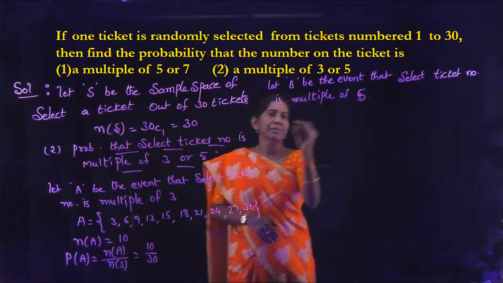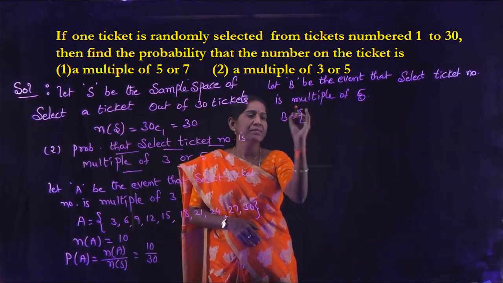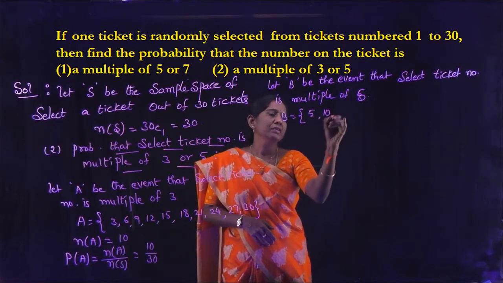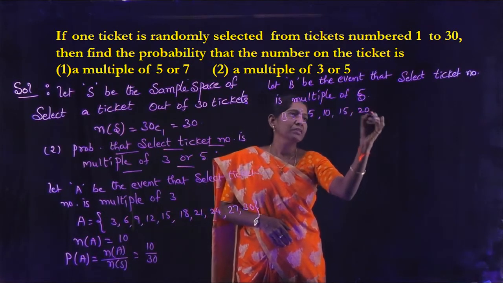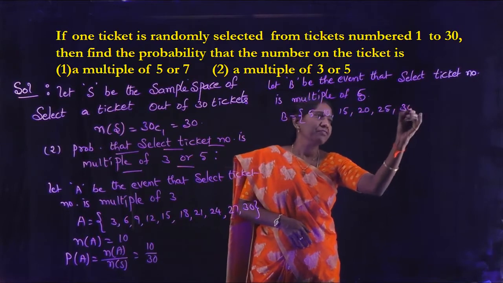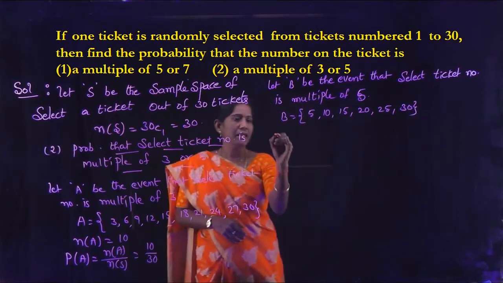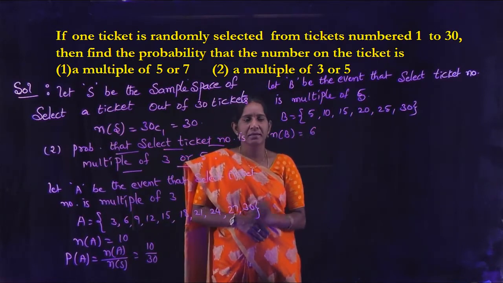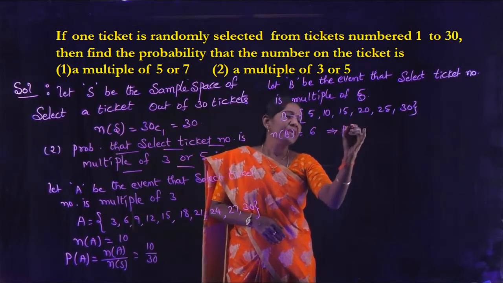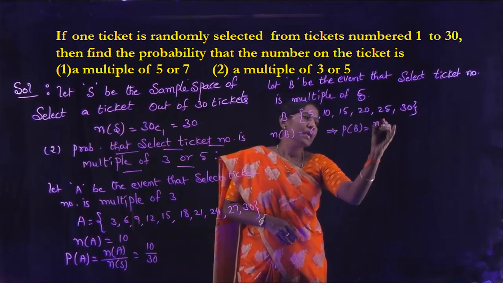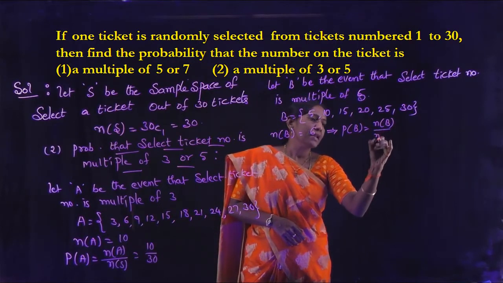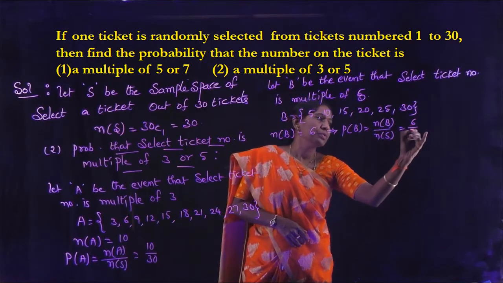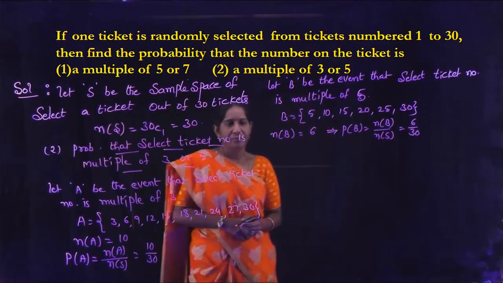Then the B event is 5, 10, 15, 20, 25, 30. Then n(B) equals 6. That implies P(B) equals n(B) by n(S), that equals 6 by 30.